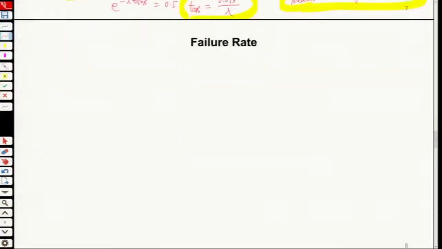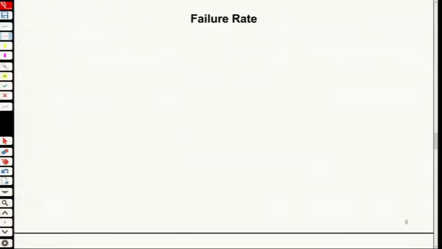Now let's have a look at the failure rate. What is failure rate? People call it the instantaneous failure rate, or some people call it the hazard rate.